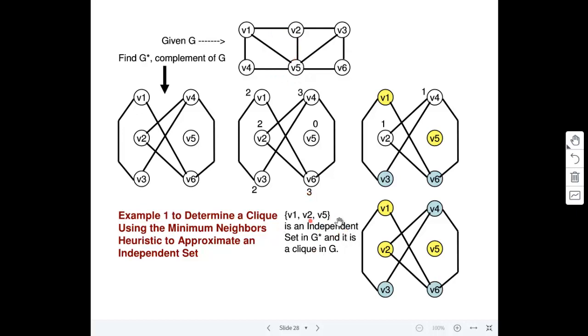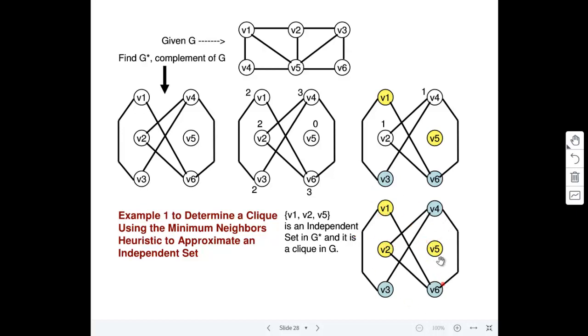Once you find the maximal independent set in the complement graph by running the minimum neighbors heuristic, we can claim the same set of vertices is the maximum clique in the given graph, because by definition of maximum independent set, there is no edge between any two vertices in this set. So V1, V2, V5, there is no edge between any two of them. And that's a maximal subset of vertices that you can find with no edges between them in the complement graph.